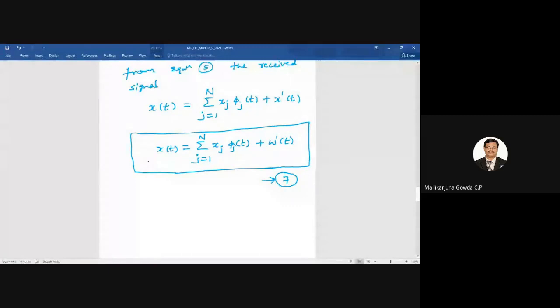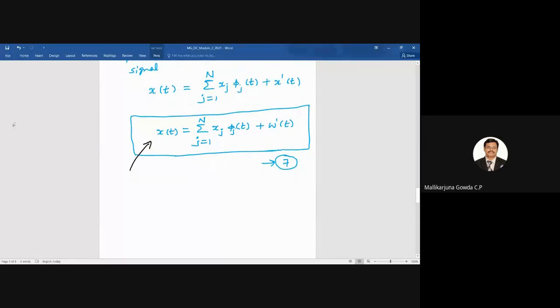I said this x of t is the received signal. X of t is the random process.